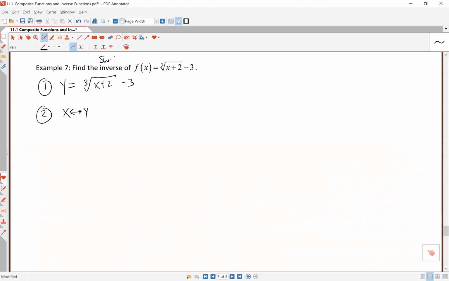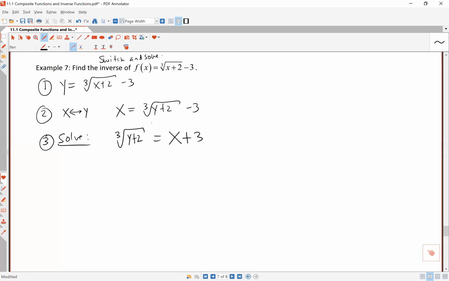The method is called switch and solve. So now we're switching. And now we solve. Solving for y, we have to get the cube root isolated. And now we undo that cube root by cubing both sides.